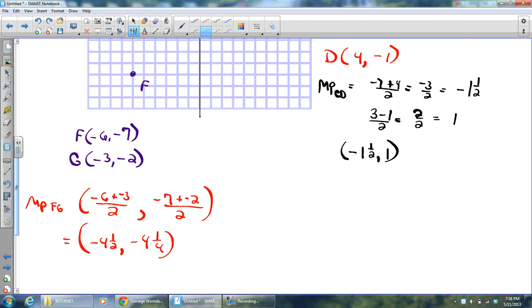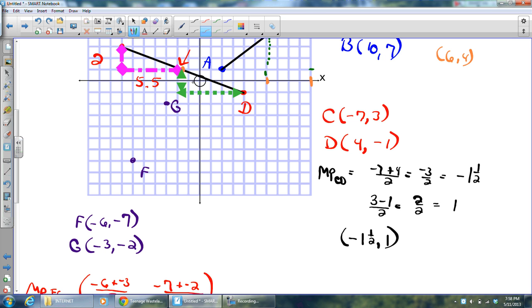That's interesting. Let's go 1, 2, 3, 4.5. 1, 2, 3, 4.5. I'm supposing that that's going to be the middle of that segment. And let me draw it in and see. Well, that sure looks like it's in the middle, doesn't it? Let me make that a little bit bigger. And if I look to do a Pythagorean theorem thing, I'm going to go over 1.5, and then up 2.5.